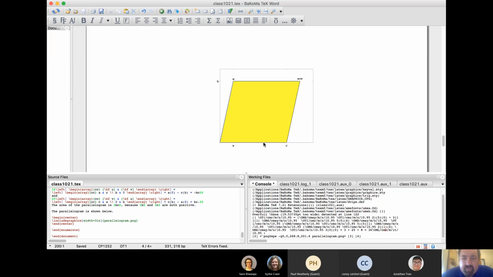And the triangle has a base of C, and the height is B. So the area of this triangle is 1/2 B times C. And really, you could break the parallelogram down into two triangles that each contribute half to the area.